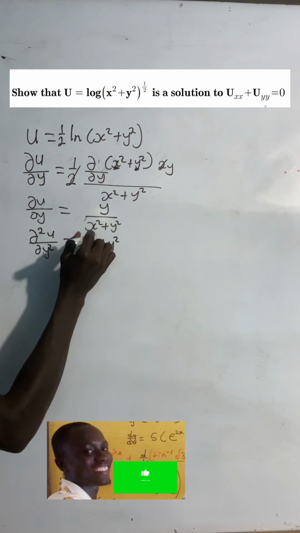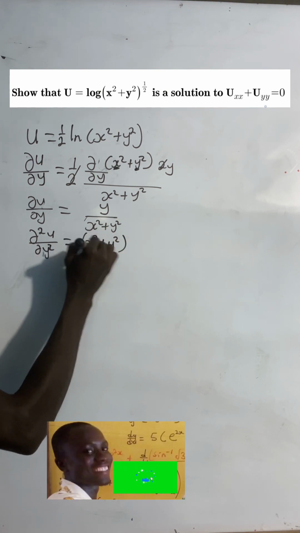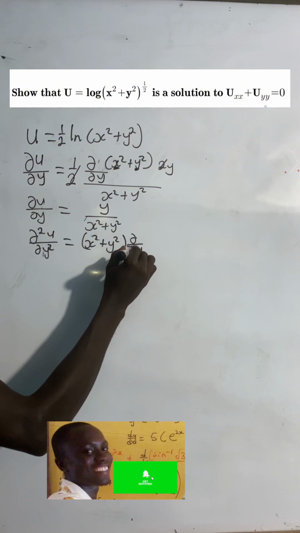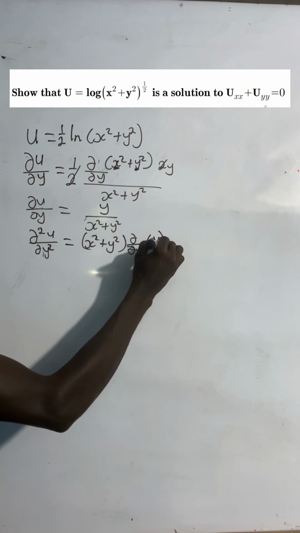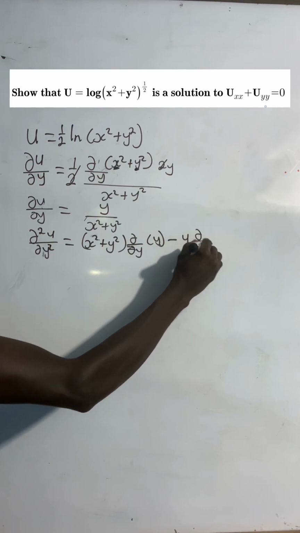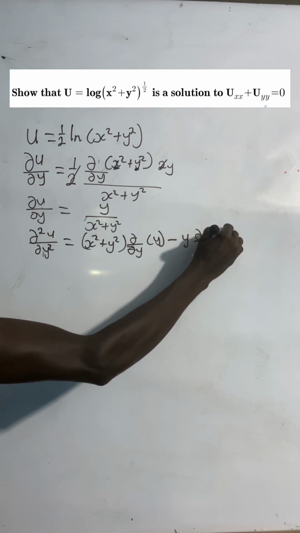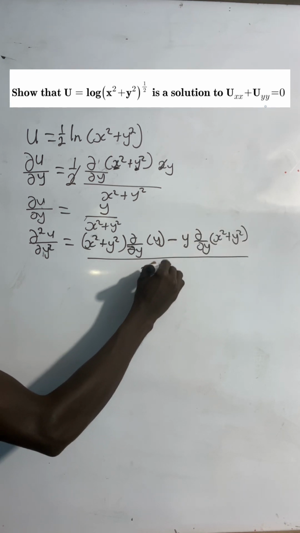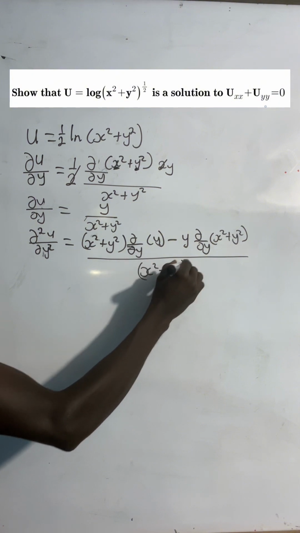So we take the partial derivative of y with respect to y times x squared plus y squared, minus y times the partial derivative of x squared plus y squared with respect to y, all divided by x squared plus y squared all squared.